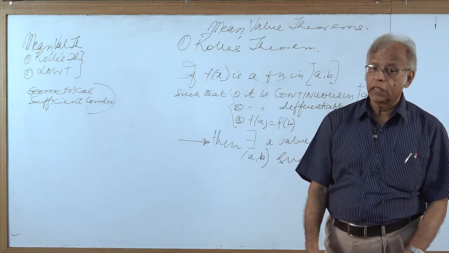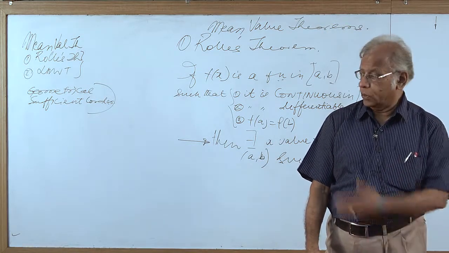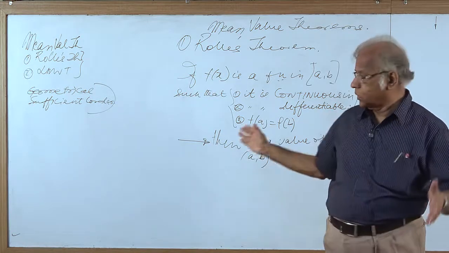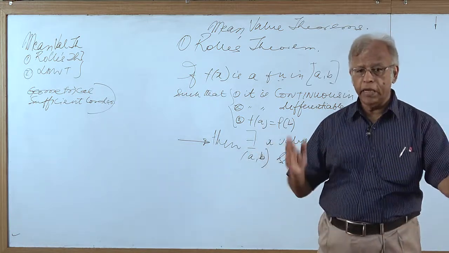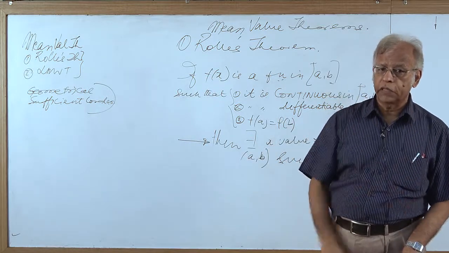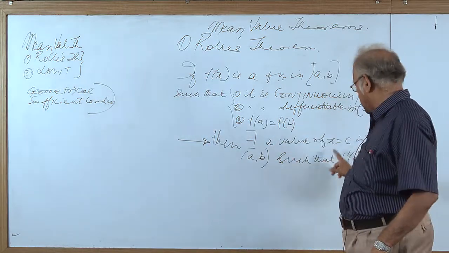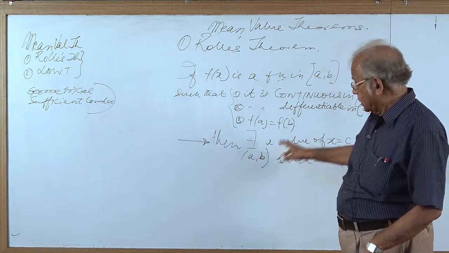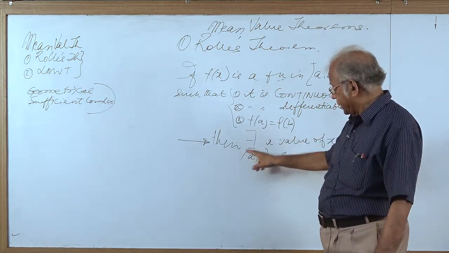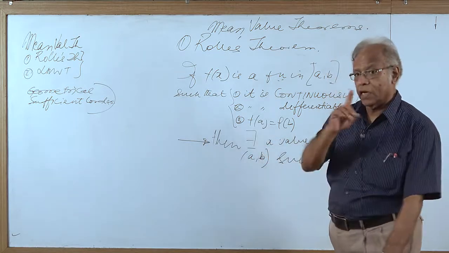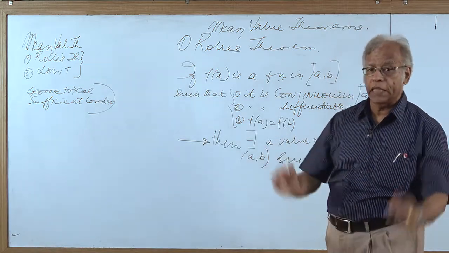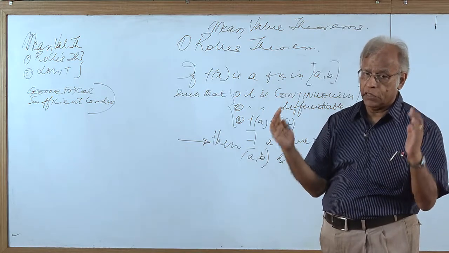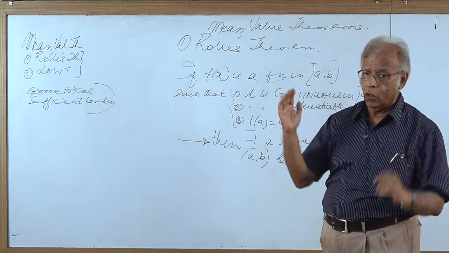It is possible to have cases, and we will go through some examples, in which the conditions are valid and between a and b there are two values of c such that f dash c is equal to 0, but the theorem says that there will be at least one c. So another way of writing it is, there exists at least one value of x equal to c, and that c is entirely inside the open interval. The c does not coincide with a or with b.